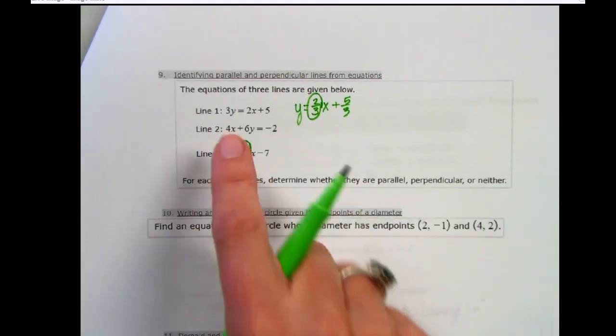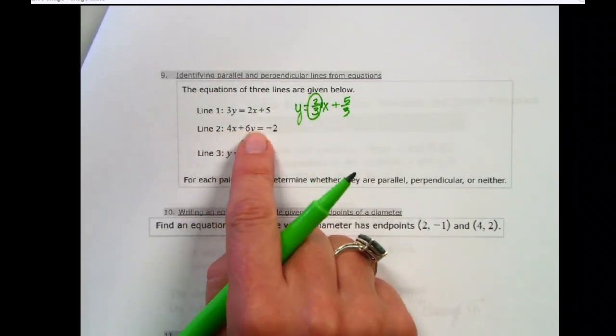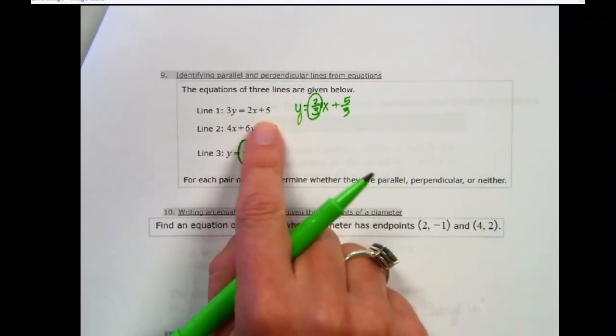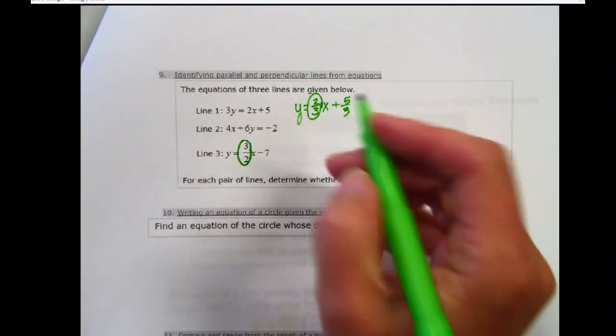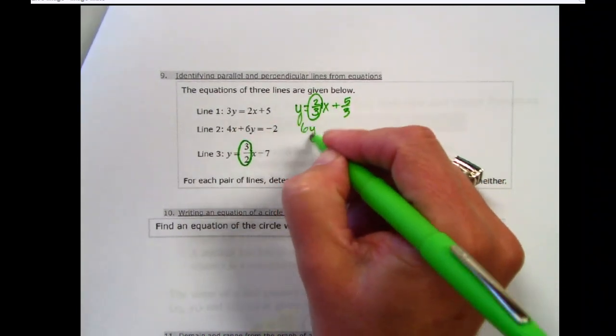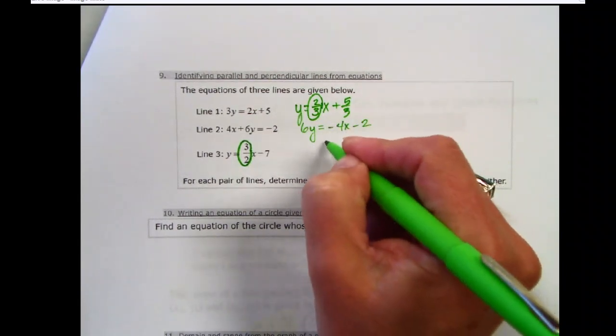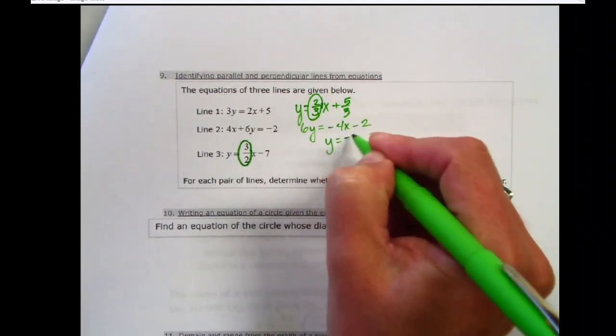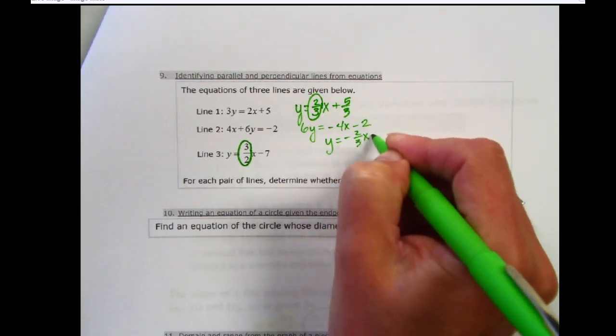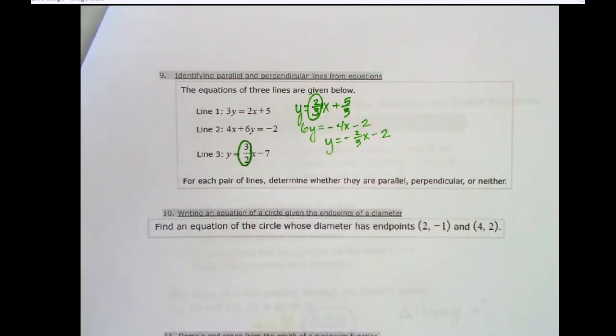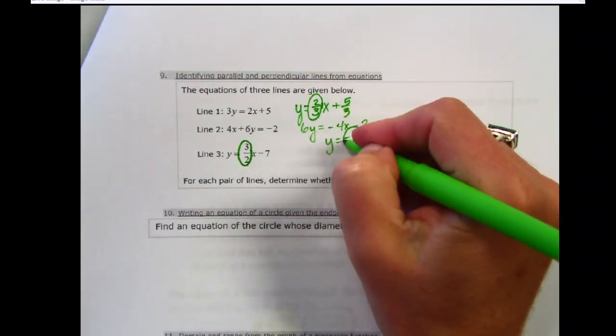And then Lydia, to follow up with your question on this one, to get the y alone, move the x and then divide. So 6y equals -4x minus 2. Y equals -2/3 x minus 2. So there is its slope.